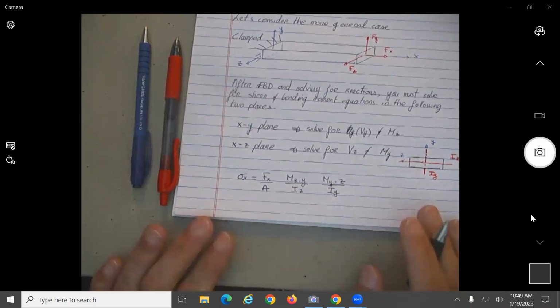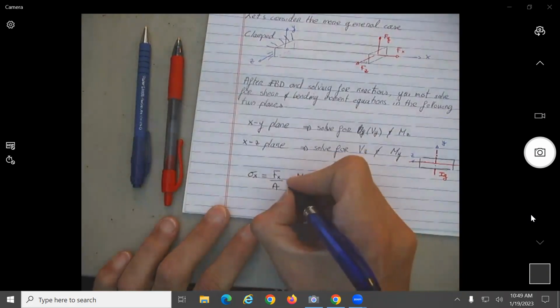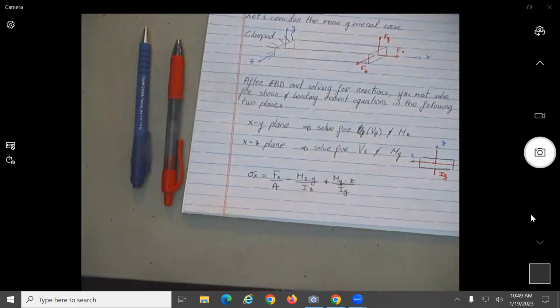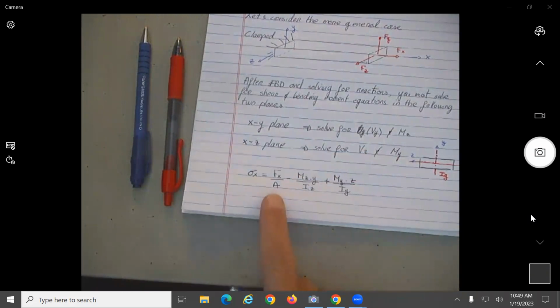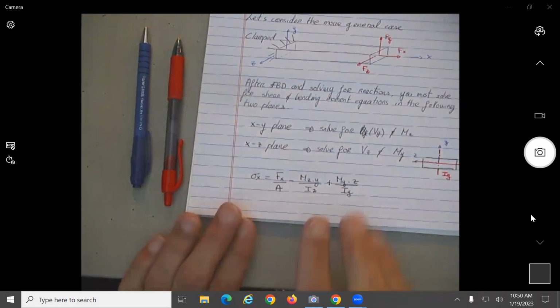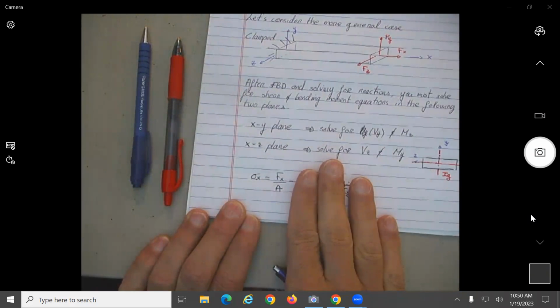Now, in books, you're going to find probably that this equation is equal to this. So if you want, you can leave it that way, but I don't like to put it that way because how are you going to decide if this one is positive or negative? By isolating that load and figuring out if it's tension or compression, no?